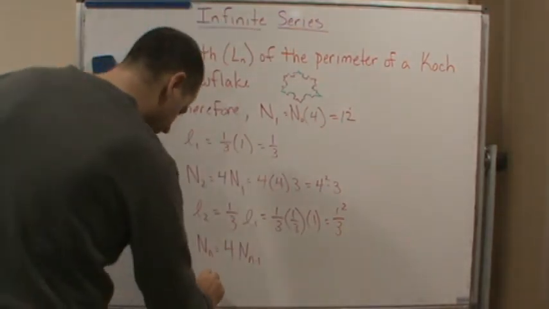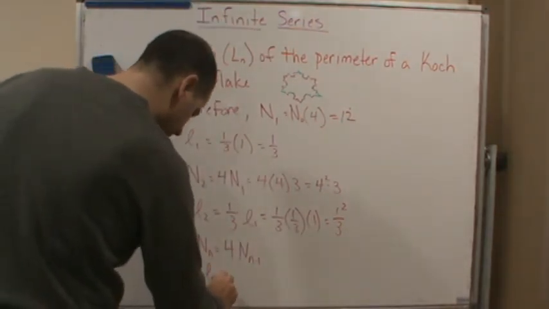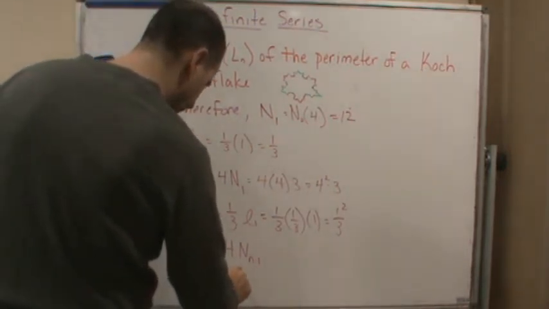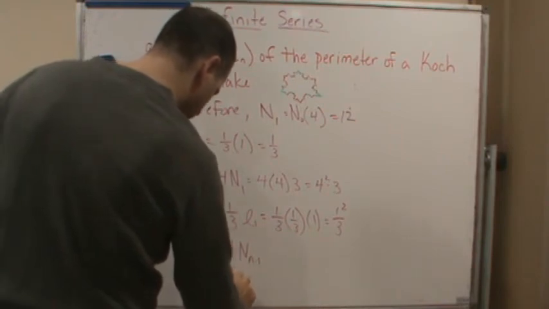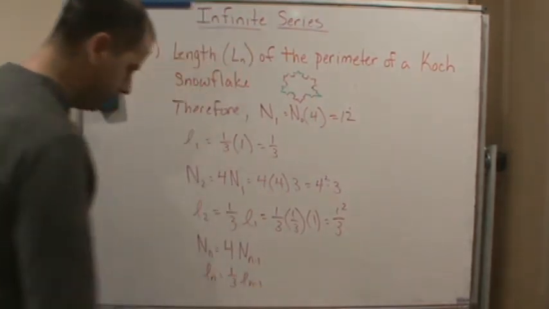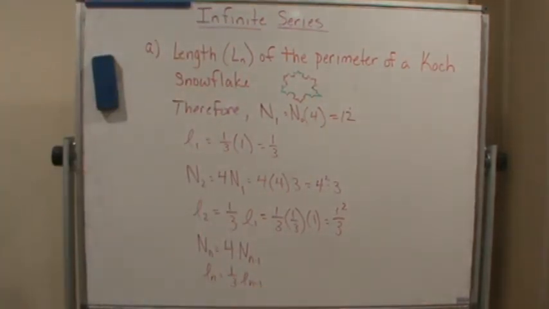And L sub n, the length of each side of F sub n, is going to be 1/3 L sub n minus 1. So that's obvious.